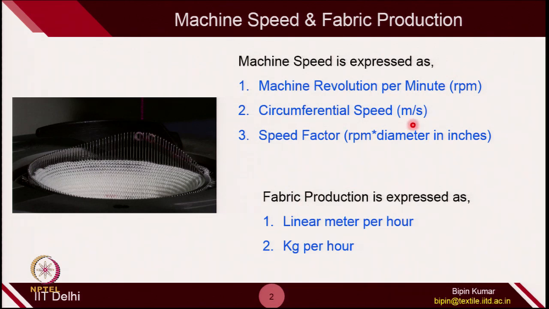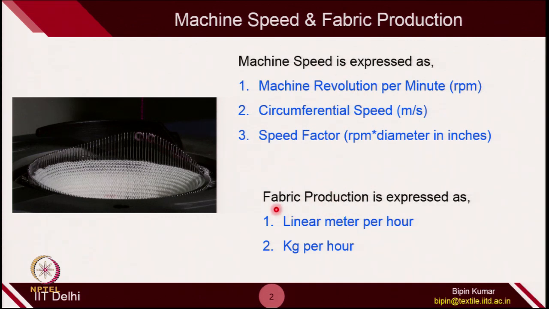The second is circumferential speed, how fast it is rotating around the circumference, expressed in meter per second. And the third is speed factor, which is the relation of RPM and diameter. If you multiply the diameter of the machine, especially the cylinder, and the RPM of the machine, you get the speed factor. This is also sometimes very useful.